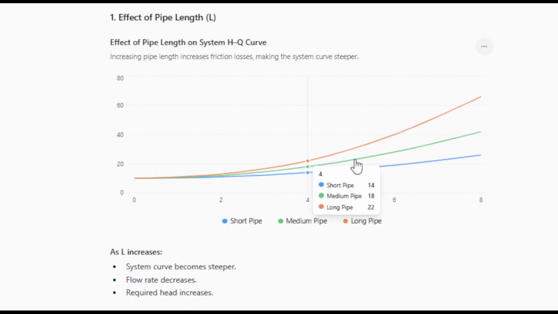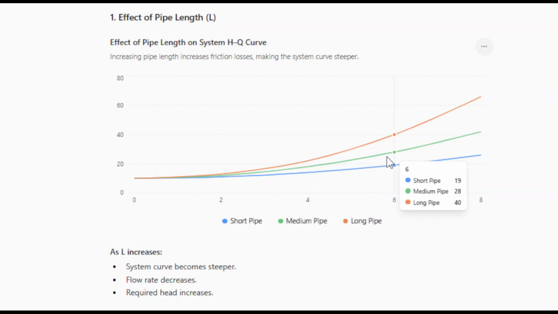Finally, observe the orange curve, which represents the long pipe. Here, the fluid travels the greatest distance, producing the highest friction losses. Consequently, the system requires the highest head for the same flow rate, making this the steepest curve.